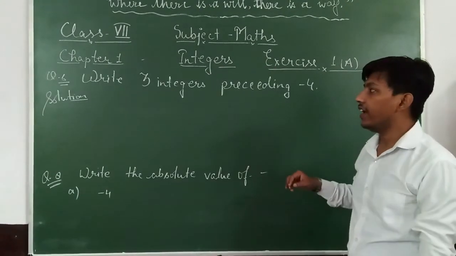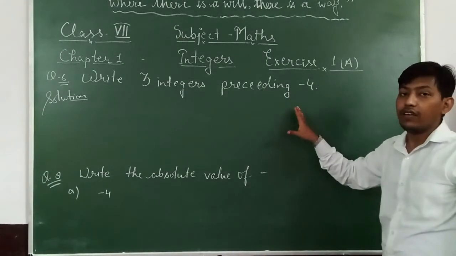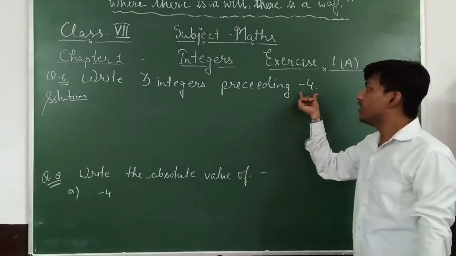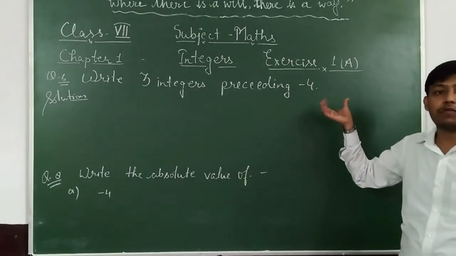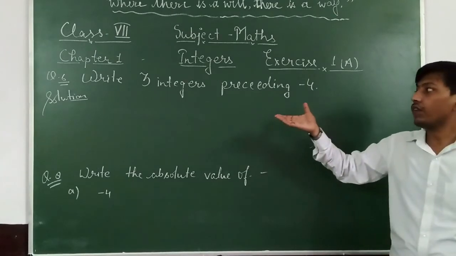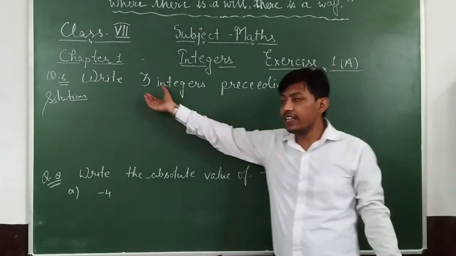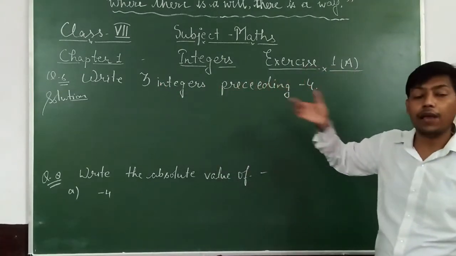Question number 6, write 3 integers preceding -4. That means we have to write 3 integers which come before -4. So to find the predecessor, what will we do? We will subtract 1. We have to find 3 integers, so we will subtract 1 three times.